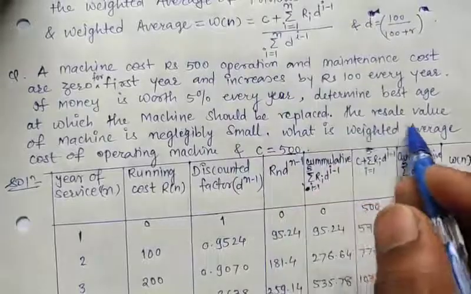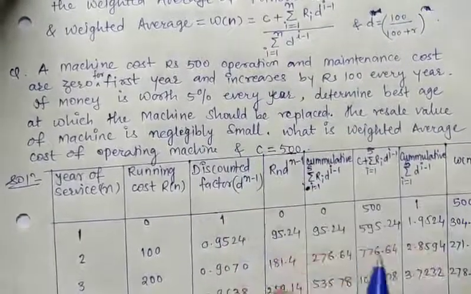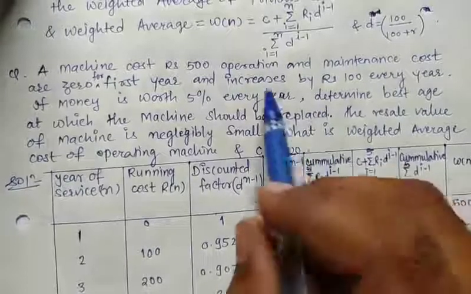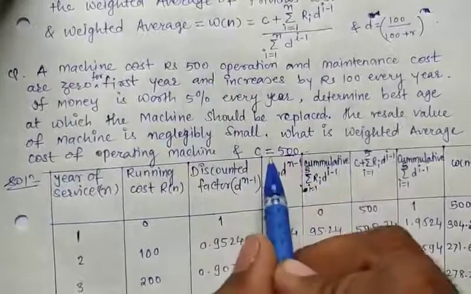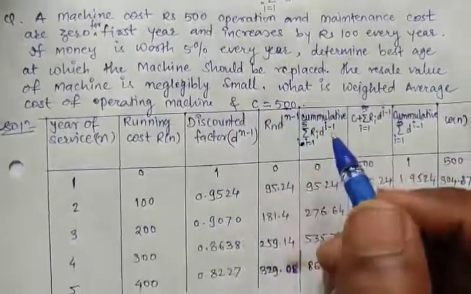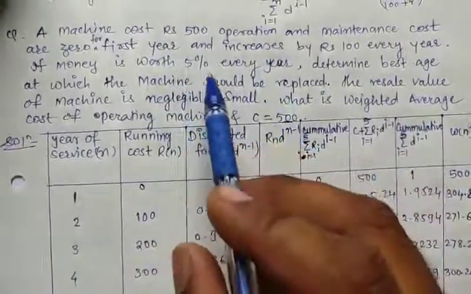The resale value of the machine is negligibly small. What is the weighted average cost of operating the machine? Here, what is the cost of the machine? The cost of the machine is 500. Now next, prepare the table.